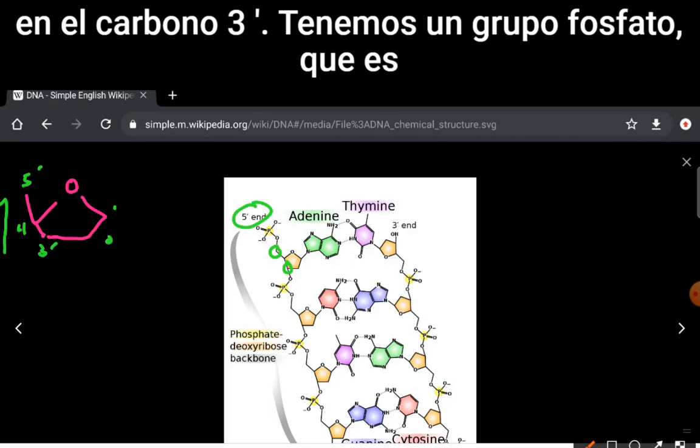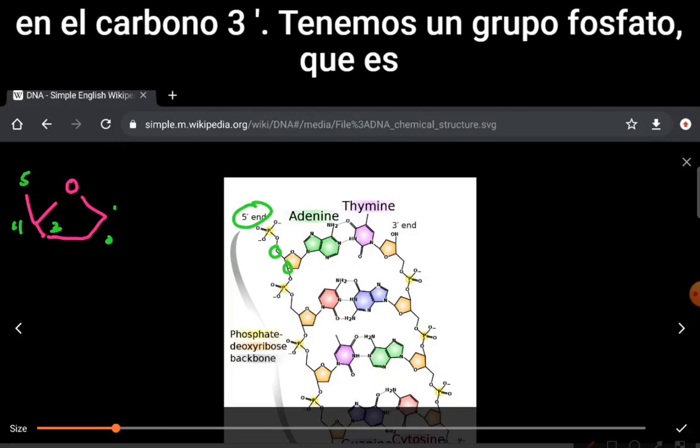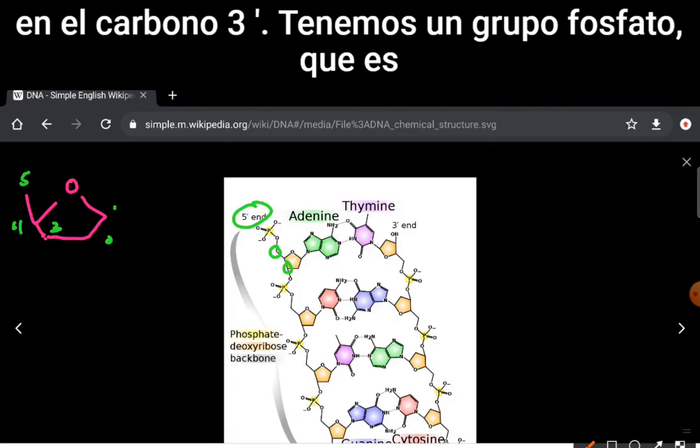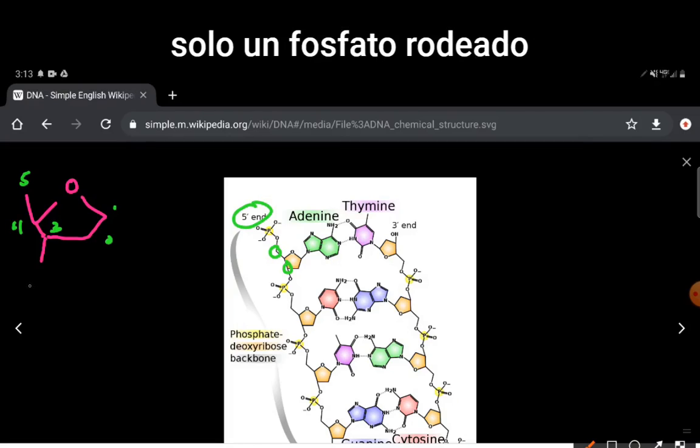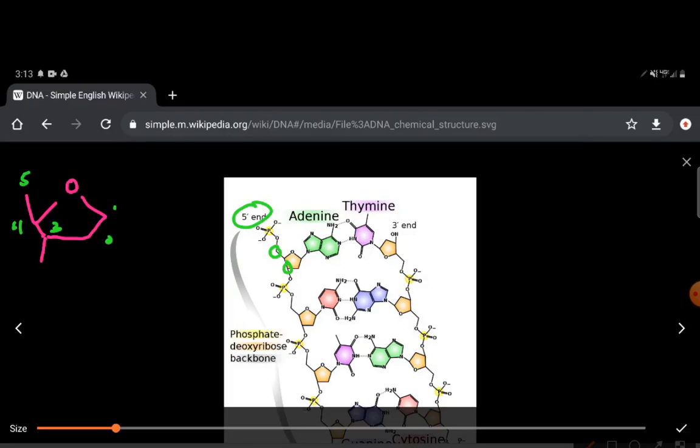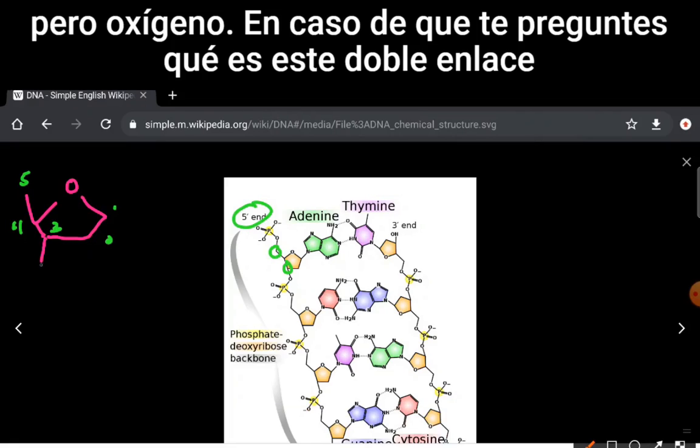On the 3' carbon, we have a phosphate group, which is just a phosphate surrounded by oxygen.